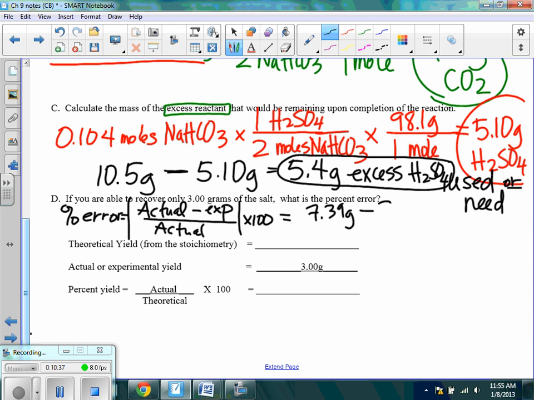We subtracted 3 grams because that's what we got in lab. So 7.39 is what we calculated in our stoichiometry lab of the copper we should recover. And back in lab you measured how much of the 3 grams you actually recovered. And then you calculated your percent error. We're doing the same thing times 100%. And that is 59.4%.